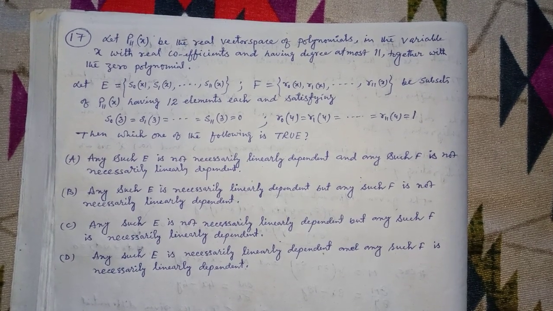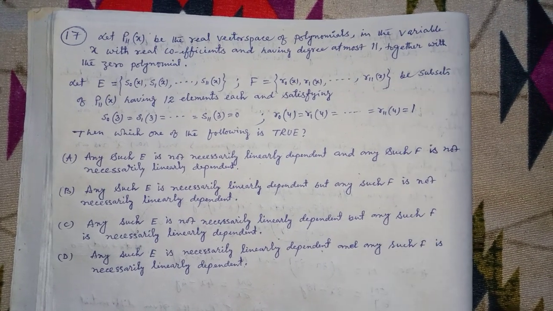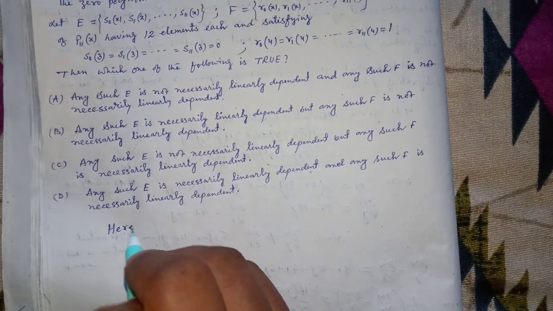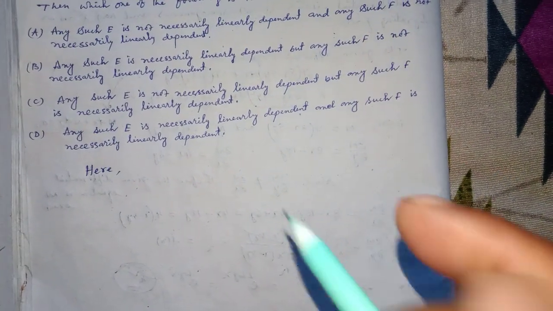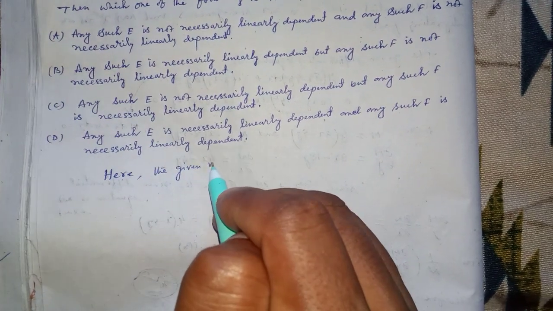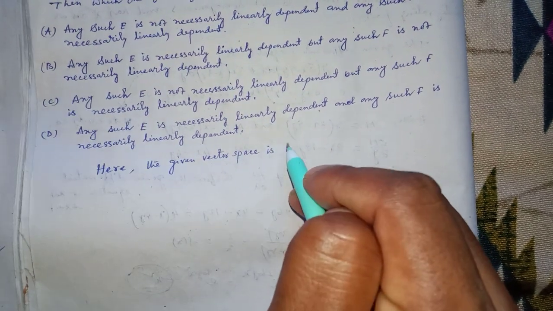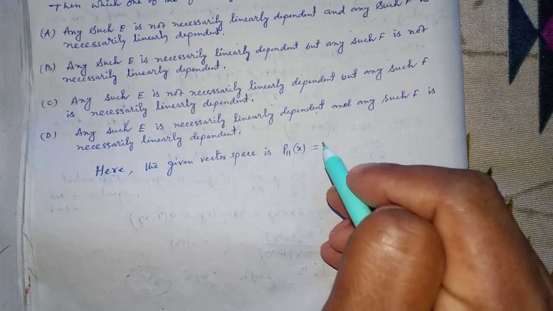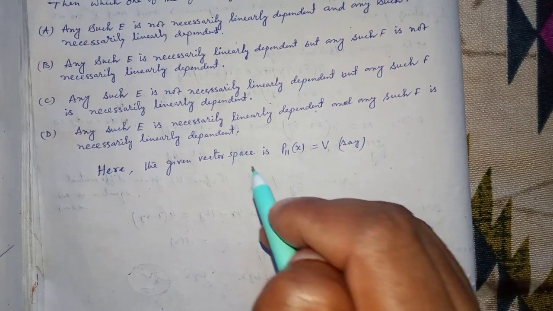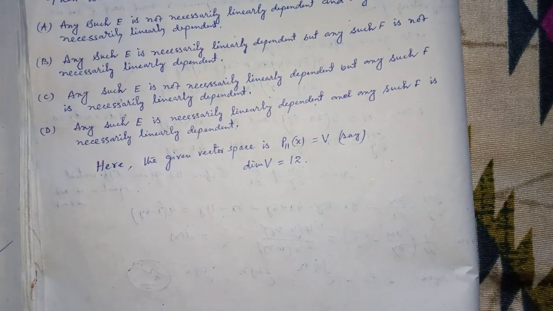So let us try to solve this problem. Here the given vector space P11(x) is, say, V, and the dimension of V is equal to 12.